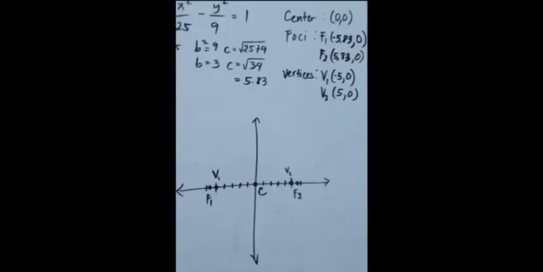In our graph, we have the center at the origin, or point 0, 0, the first focus at negative 5.83, 0 and positive 5.83, 0 for the second focus. For the first vertex we have negative 5, 0, and for the second vertex we have the point 5, 0.